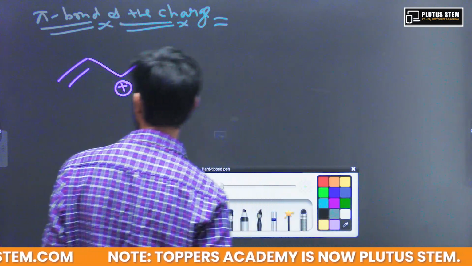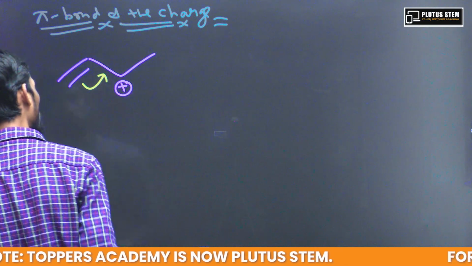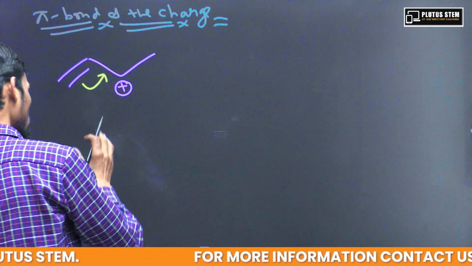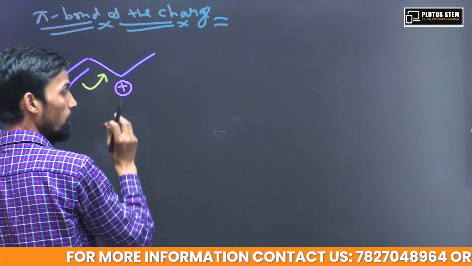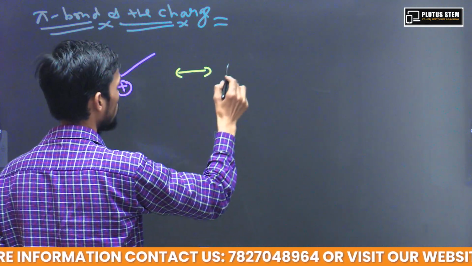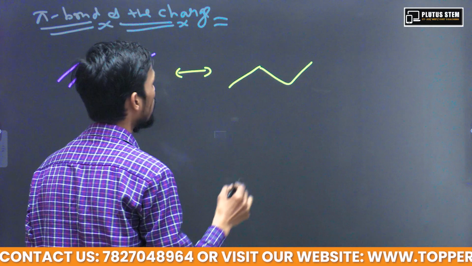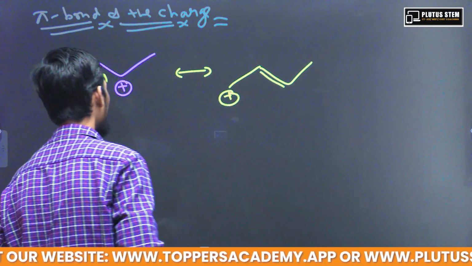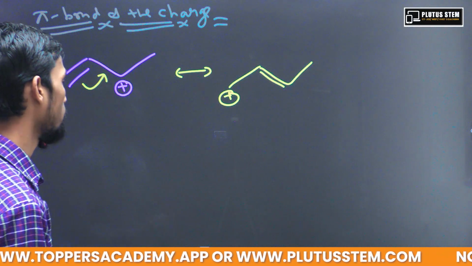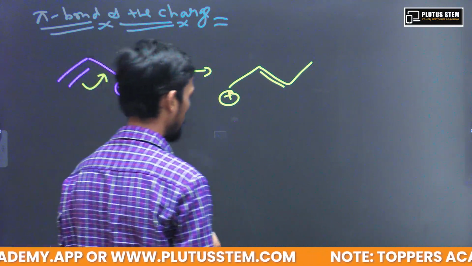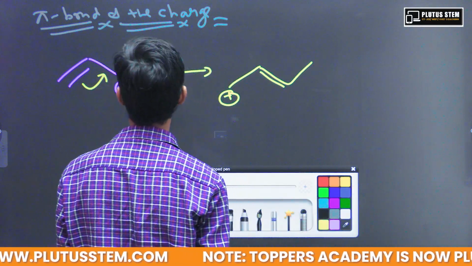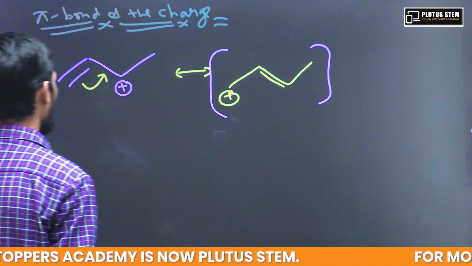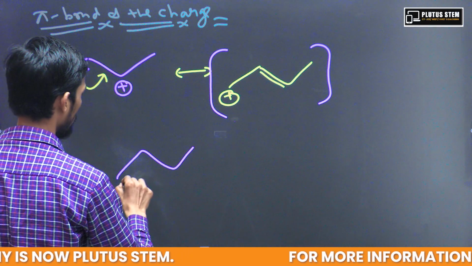So simply we can see this pi bond is going to move toward the more electropositive, but this carbon is more in need of electrons. So this will move like this and it becomes like this, and a positive charge will be generated at this carbon. So this is the resonance hybrid if you see over here.